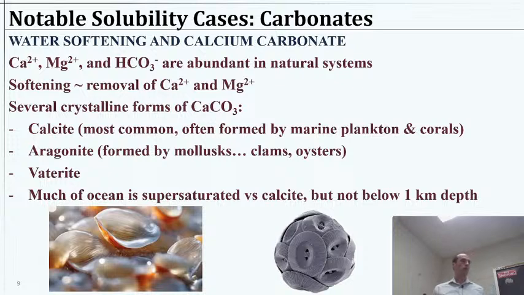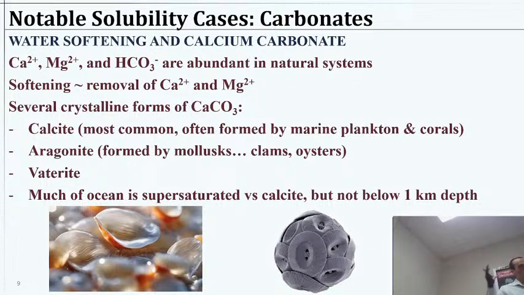Calcite is the most thermodynamically favored and most common, and most marine planktons that form a calcium carbonate shell use it. Some diatoms do silicates instead, as a structure or shell. But a lot of planktons will have little calcium carbonate shells. These are going to be in the calcite form, and essentially these are largely what generates the calcium carbonate mineral that will end up forming limestones.